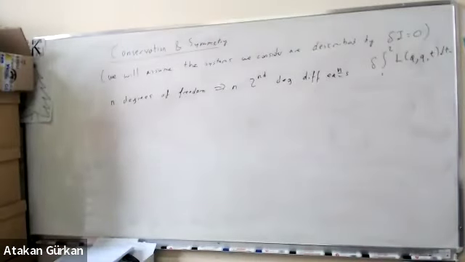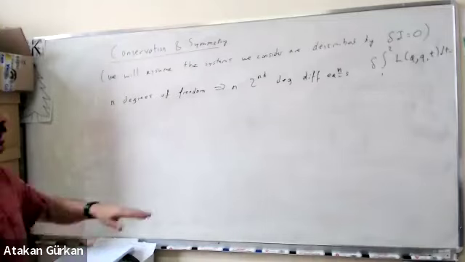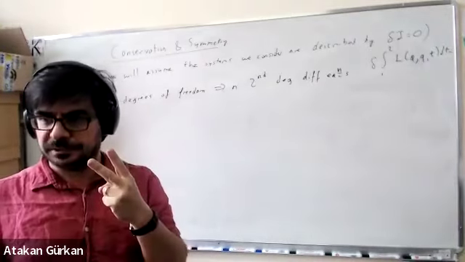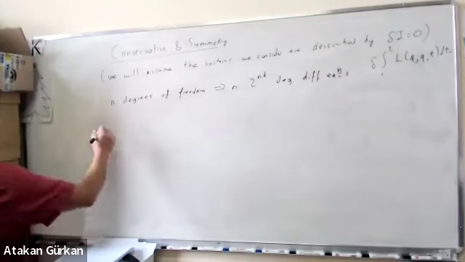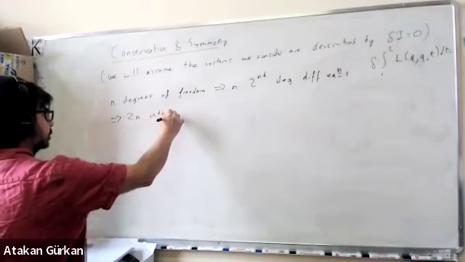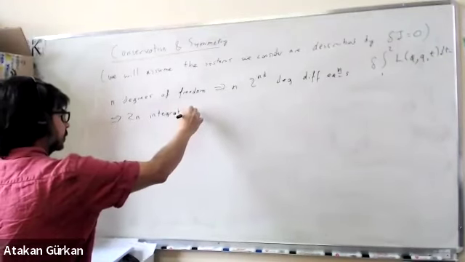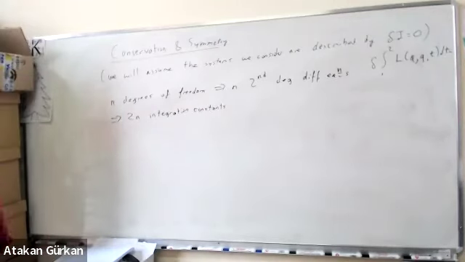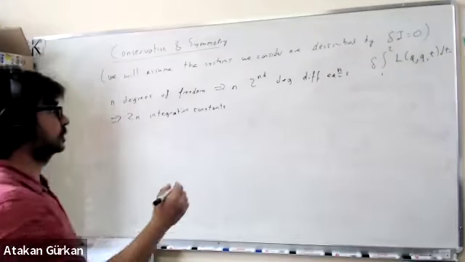Now, as you probably recall from your differential equations course, integrating a second degree differential equation involves 2 integration constants. So this means we're going to end up with 2n integration constants. And these need to be provided by our initial conditions. And we have exactly 2n initial conditions.